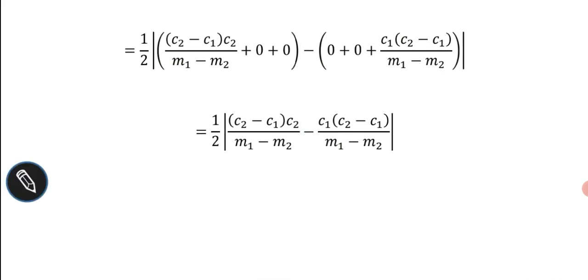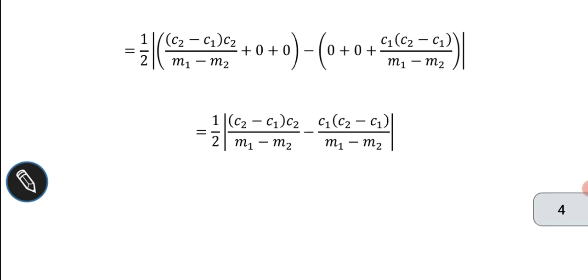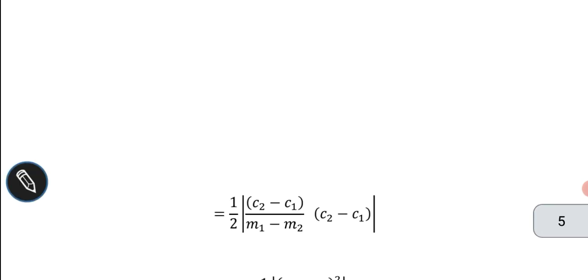The next step is half into modulus of c2 minus c1, the whole divided by m1 minus m2, and here the balance is c2 minus c1.